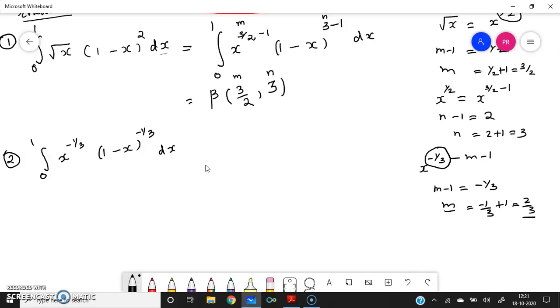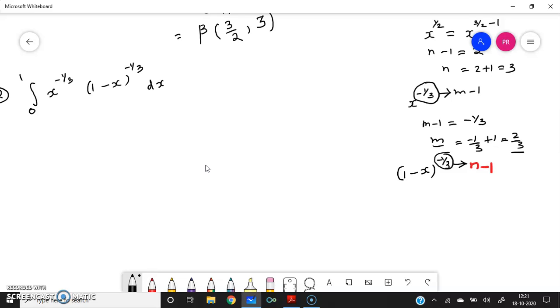Same way, I will see the n value. What is my n value? The n part is 1 minus x to the power of minus 1 by 3. Okay, this is also minus 1 by 3. So this is equivalent to my n minus 1.